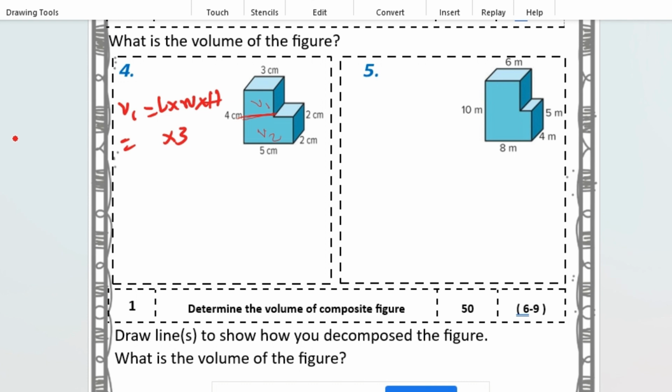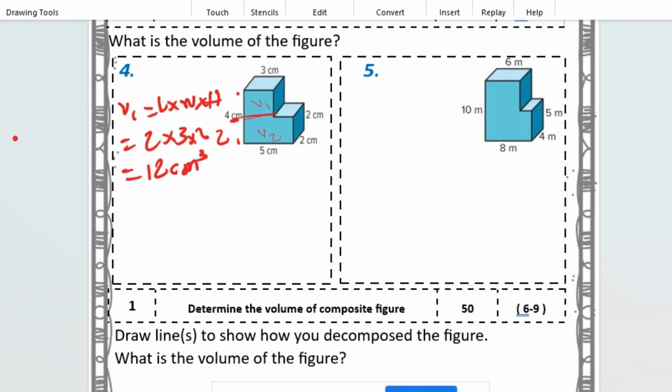This 2 is the same as this 2 is the same as this 2. So it will be 2. And the H, this whole thing from here to here is 4. We want from here to here only. How much will it be? It's the same as this one, which will be 2. So it's 2 times 2 times 3, which is what? 12 centimeters cubed.